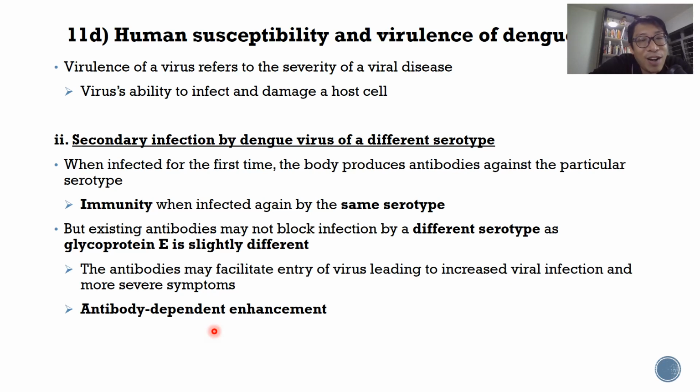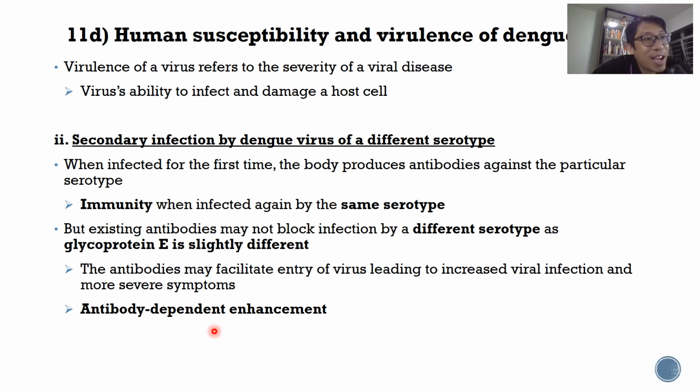So maybe the immune cells, say macrophages, are able to phagocytose the dengue virus tagged by this antibody much more easily, and then the dengue virus is placed in the phagosome. By right, the antibody should block the fusion between the viral envelope and the phagosomal membrane, but because of the difference in the glycoprotein E, maybe this is not blocked.